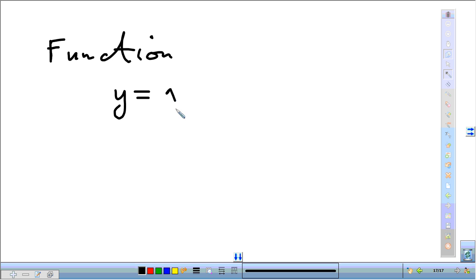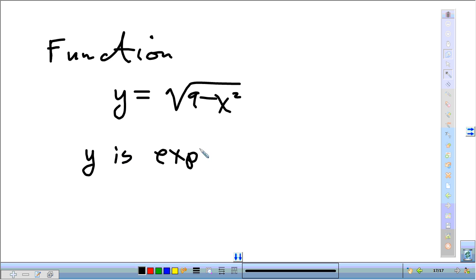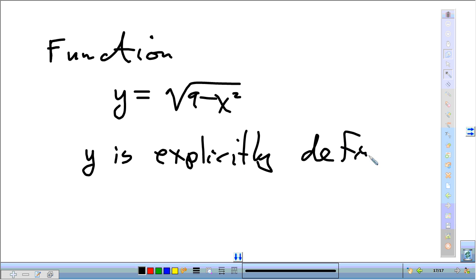So if we have a function given, such as y equal square root of 9 minus x squared, then y is very explicitly defined from any x we observe.